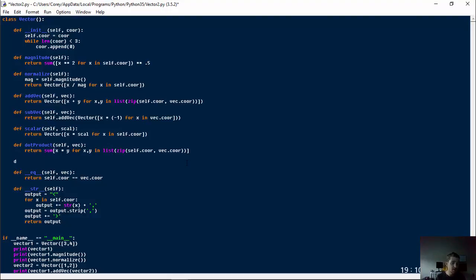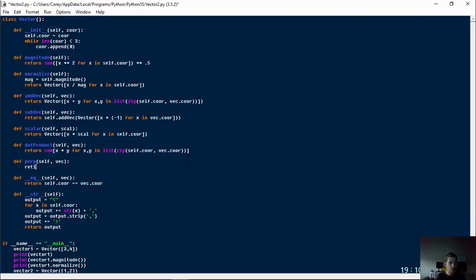So if I want to check if they're perpendicular, I can say return the value of the expression 0 equals self dot product vec.